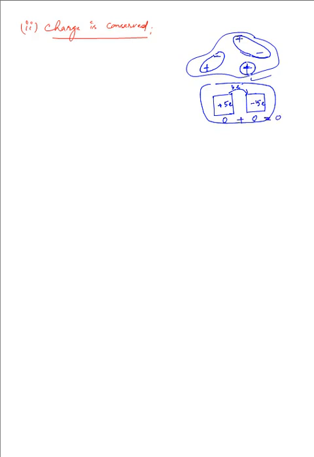No element of surprise in that. But what happens after the interaction? After the interaction, one of the bodies has plus 5e and the other body has minus 5e. But if you consider the total charge of the system, that again comes out to be 0. So this is what I was trying to say, that the total charge of the system always remains the same, considering the system as a whole. So that is all about charge conservation.